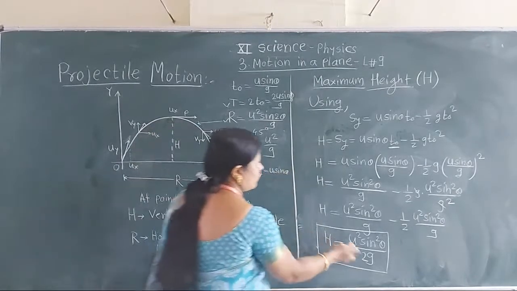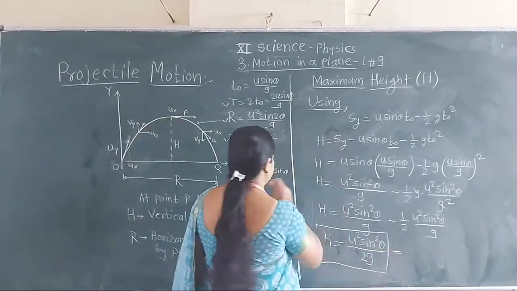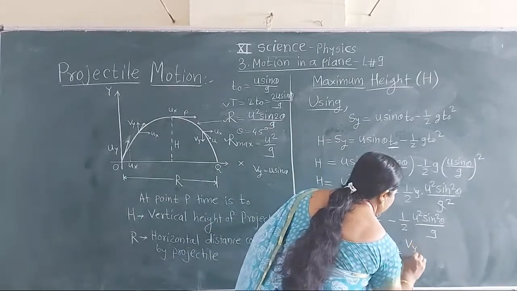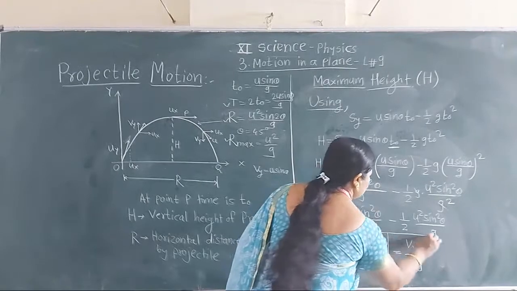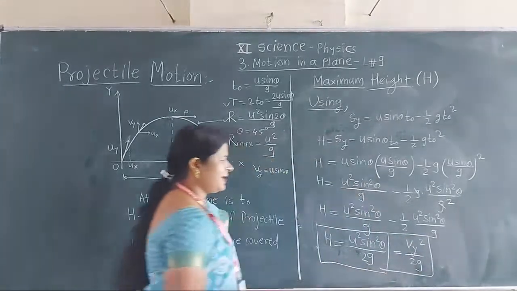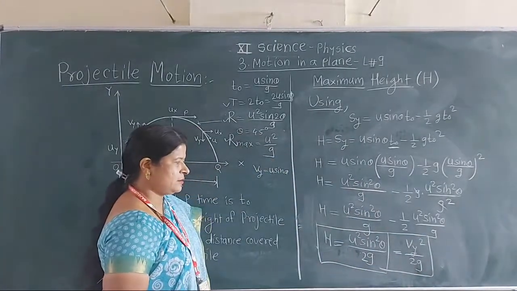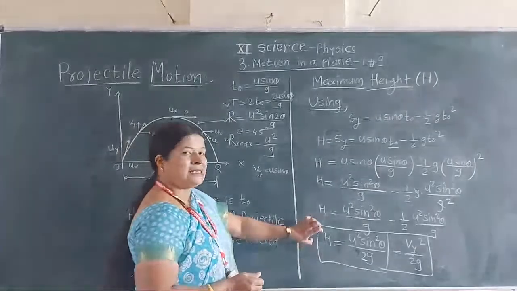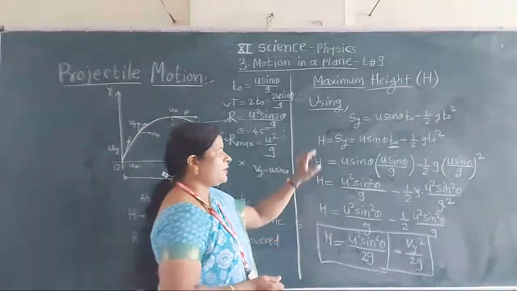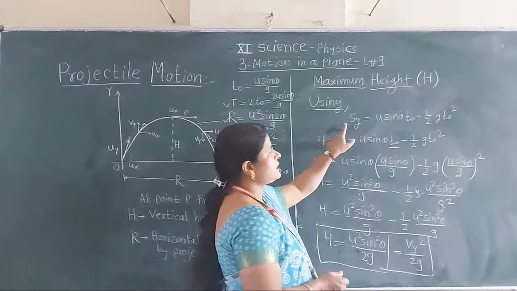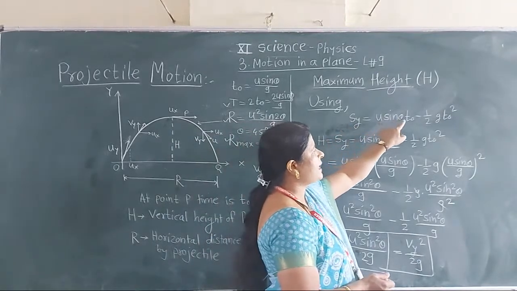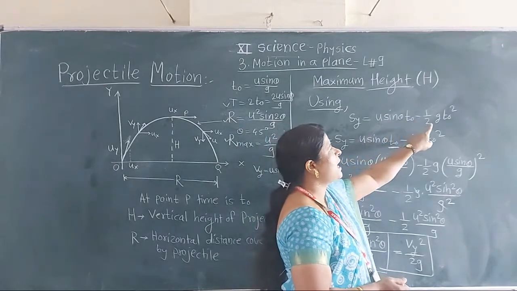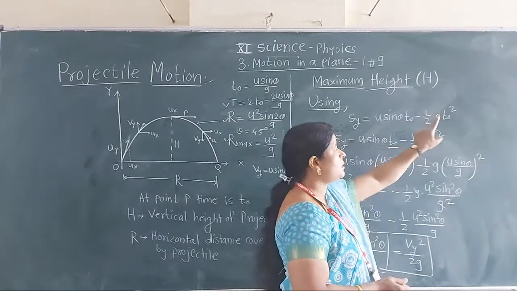So this equation we can write as py square divided by twice g. So maximum height of a projectile we can find out using this equation. Sy is equal to u sin theta t0 minus 1/2 g t0 square.